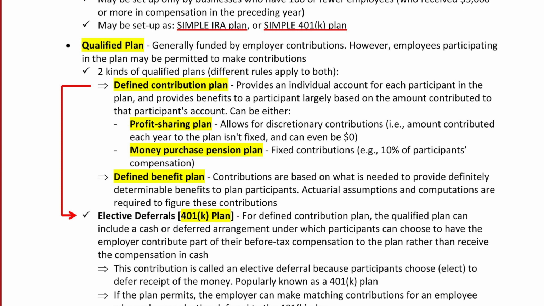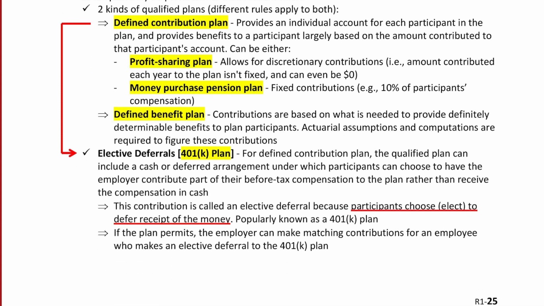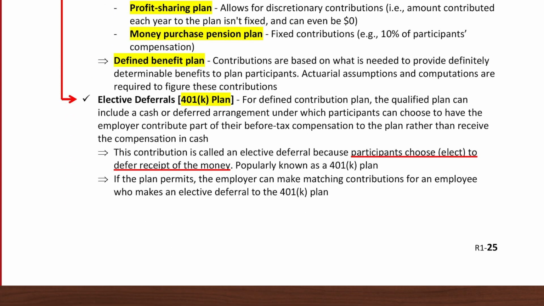This contribution is called an elective deferral because participants choose or elect to defer receipt of the money. If the plan permits, the employer can make matching contributions for an employee who makes an elective deferral to the 401k plan.